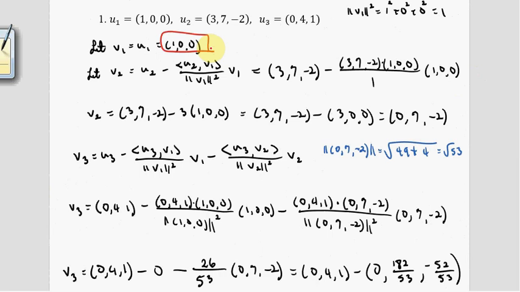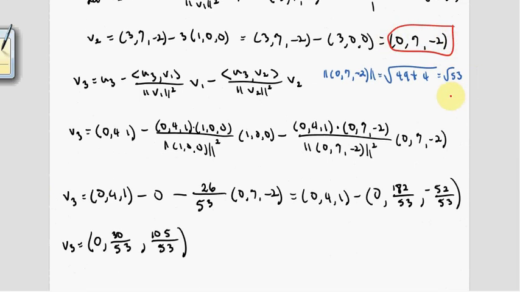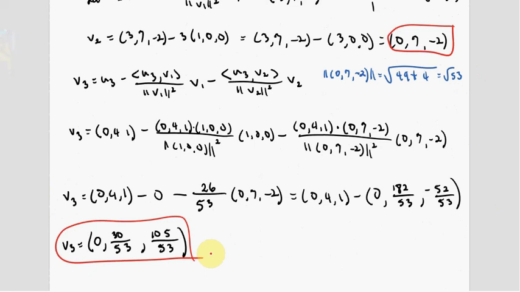And then v sub 2, we found it to be here. And then v sub 3. So now the Gram-Schmidt process says to convert the orthogonal vectors to orthonormal. We take each vector, we divide it by its norm. That's how we get the unit vector. So it becomes not just orthogonal, but also orthonormal.